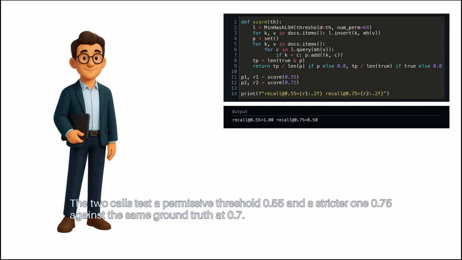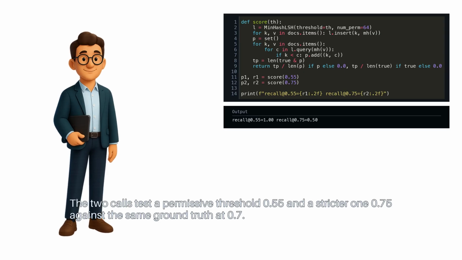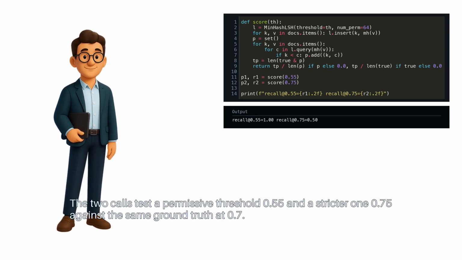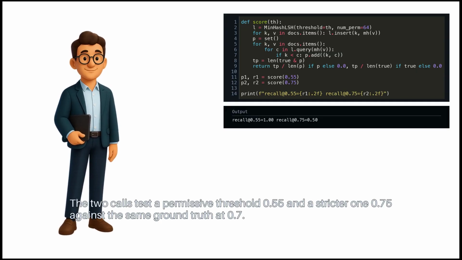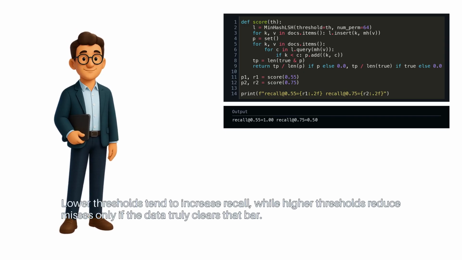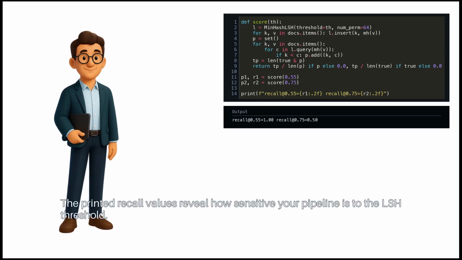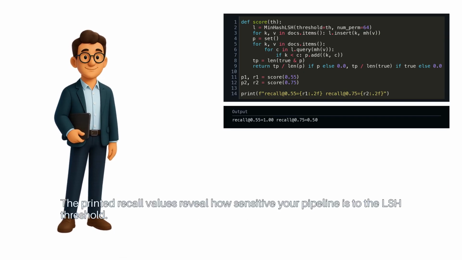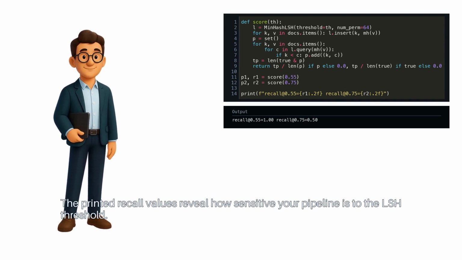The two calls test a permissive threshold, 0.55, and a stricter one, 0.75, against the same ground truth at 0.7. Lower thresholds tend to increase recall, while higher thresholds reduce misses only if the data truly clears that bar. The printed recall values reveal how sensitive your pipeline is to the LSH threshold.